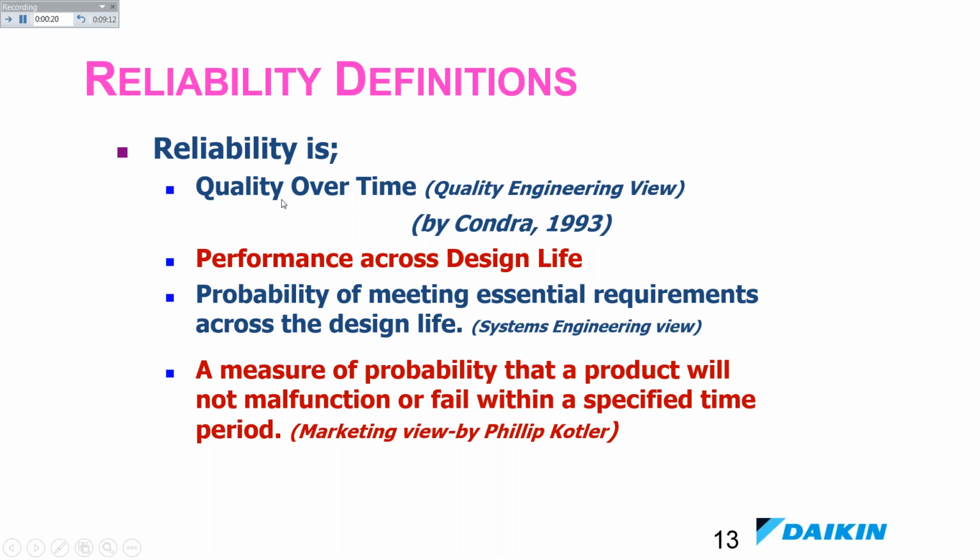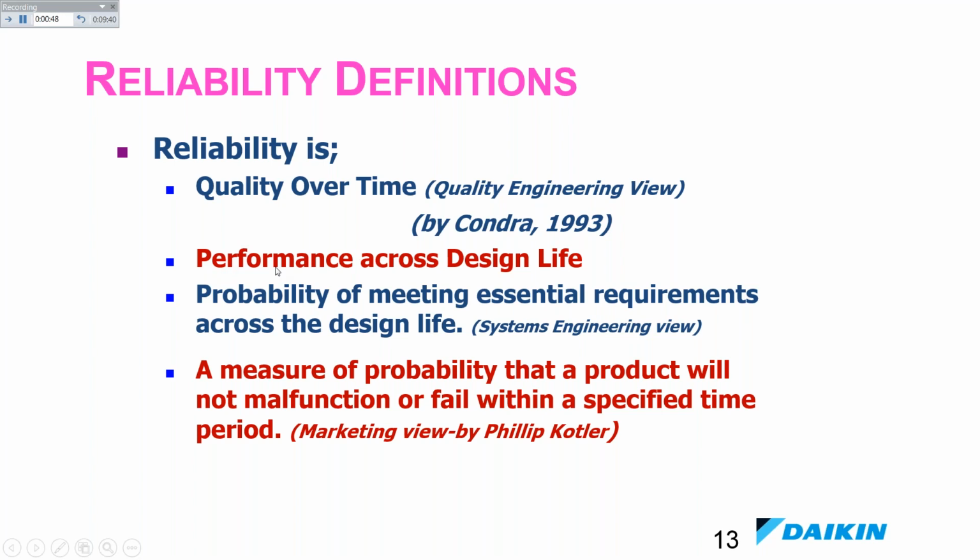Reliability is, for a quality person, quality over time. When you look at quality on day 1, day 2, day 30, 365 days, imagine we have the same quality across the 5th year, the 10th year, the 15th year, across the design life.